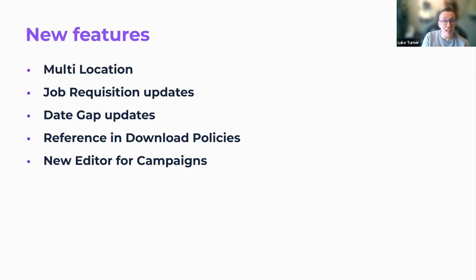There have been some changes to reference downloads as well with onboarding, and then a new campaign editor for the CRM system. So we'll be taking you through all of them. I will hand over to my colleague Sally, who has been preparing the demo for you all.